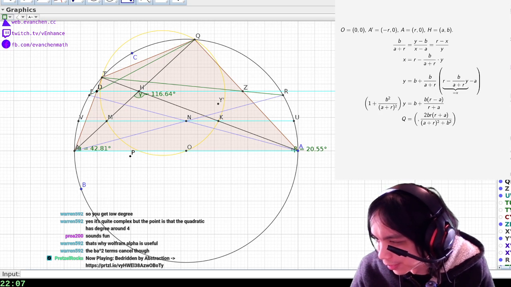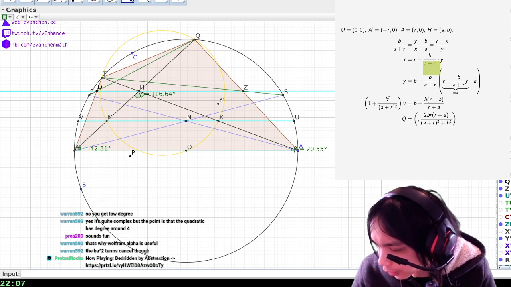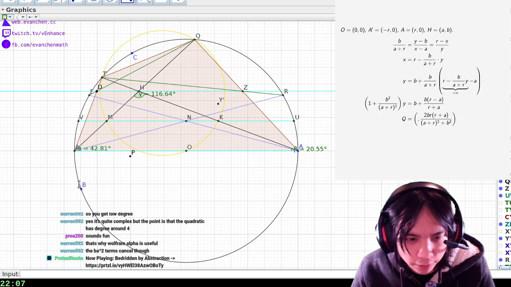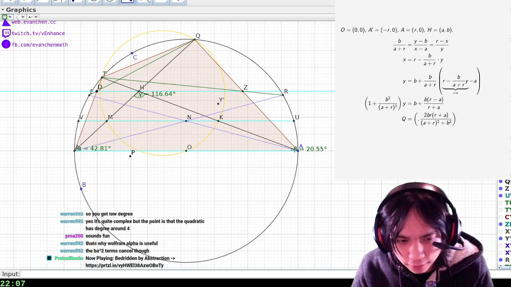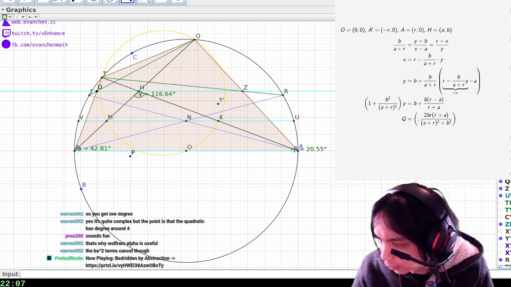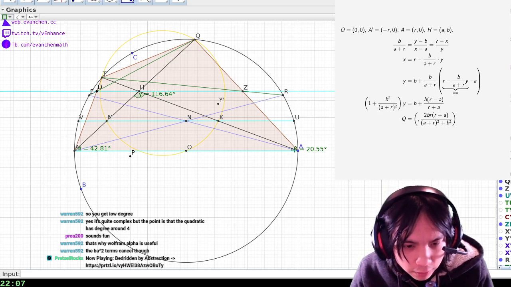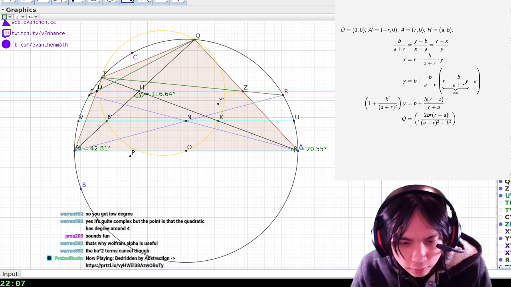Touche. Okay, so that means when I do this division, I get like r a plus r squared plus rb squared minus 2b squared r over.